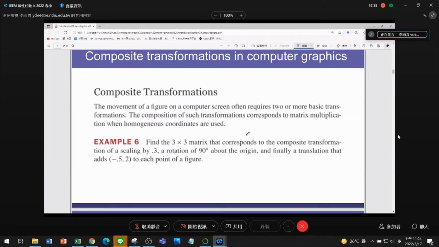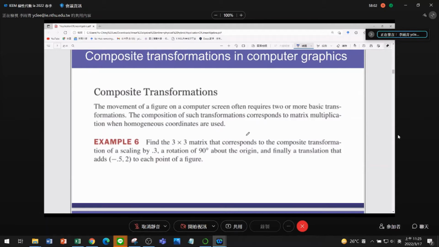Then we can start to describe how to perform the composite transformation. The movement of a figure on a computer screen often requires two or more basic transformations in order to show the graphics more like real things.